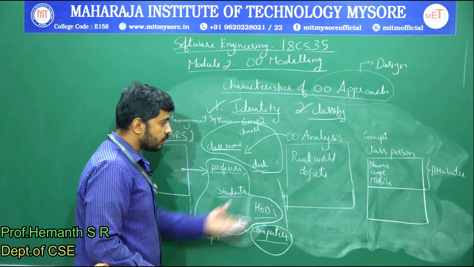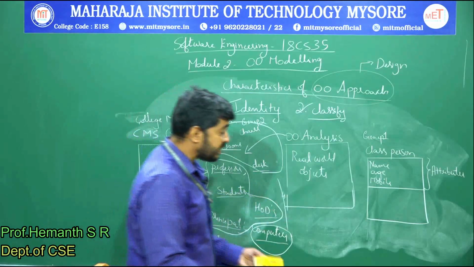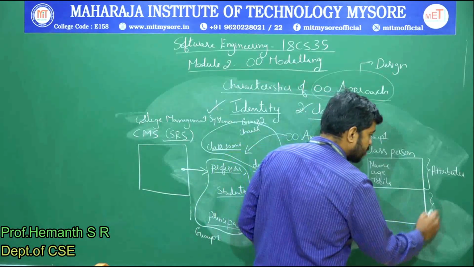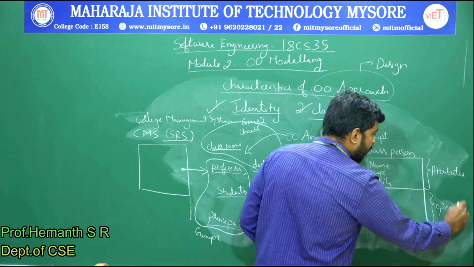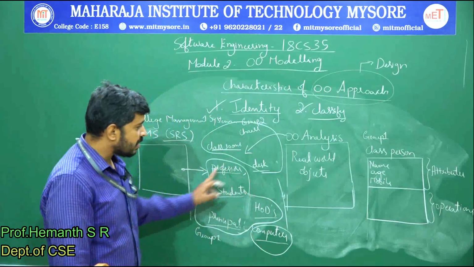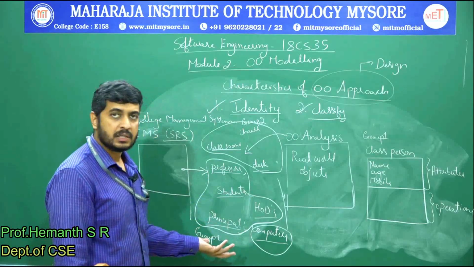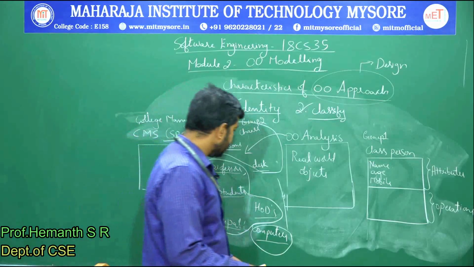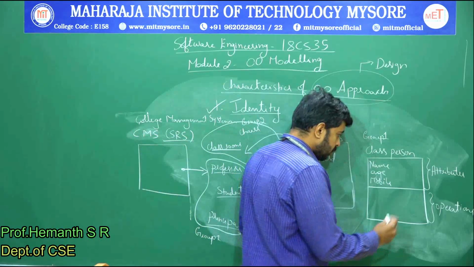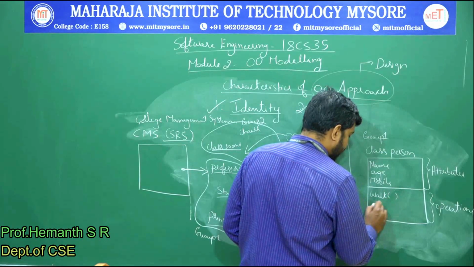Also, they can perform a few activities, actions, which we call operations, which can be common to all these entities. What is it? Maybe they can walk, they can come to college.